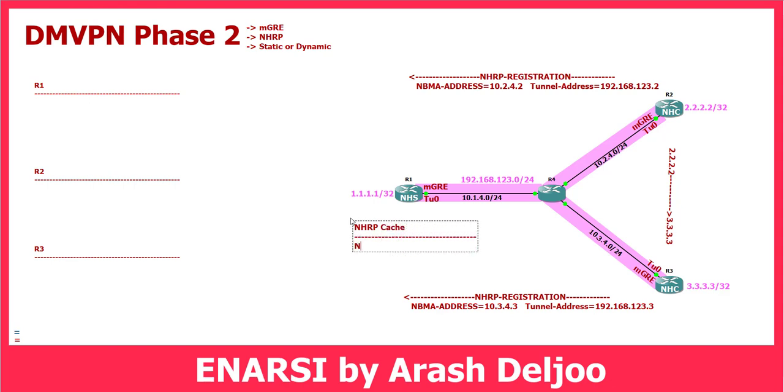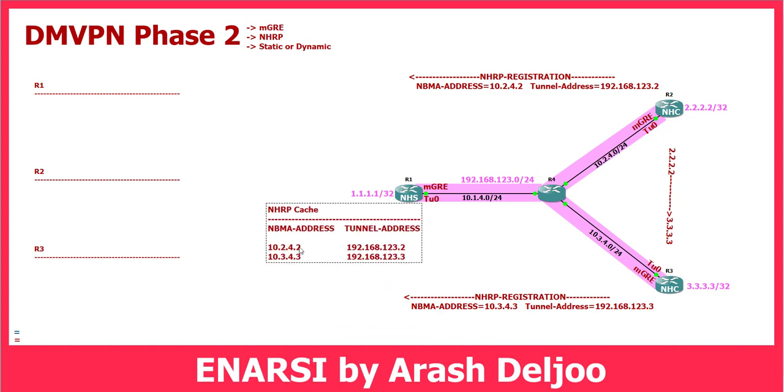First, the NBMA or physical address, and also the tunnel address, which is the logical address. For example, first 10.2.4.2, the first NBMA address, and the tunnel address 192.168.123.2, then 10.3.4.3 and 192.168.123.3. That's it.